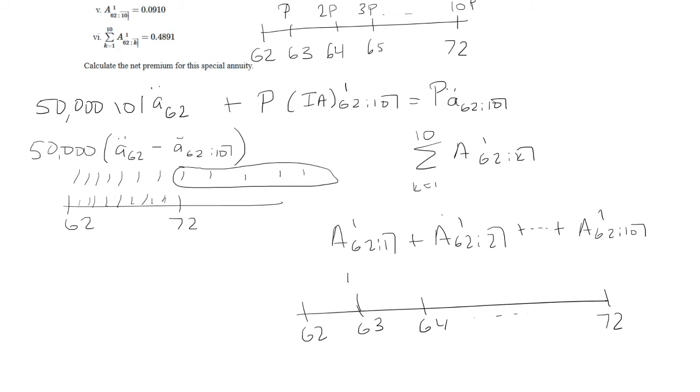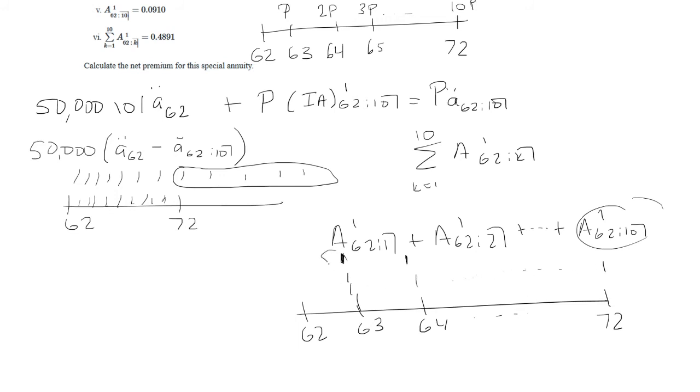Now the second one is age 62, dying at the second year, or going out for 2 years rather. So they would get one for each of the 2 years if they die. Okay. And then all the way up to the last one here, which is paying one at the end of the year if they die.